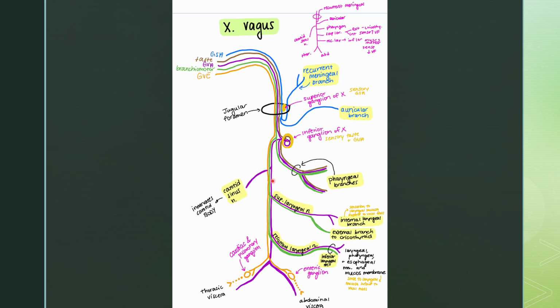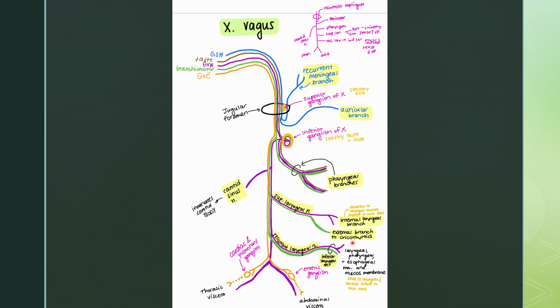Then you go down further and you have the recurrent laryngeal nerves. As they course, they change names to inferior laryngeal nerve, which makes sense because it's underneath the superior laryngeal nerve I mentioned. It starts out as recurrent laryngeal nerve, becomes inferior laryngeal nerve, and then it branches off to go to the laryngeal, pharyngeal, and esophageal muscles and the mucous membrane.